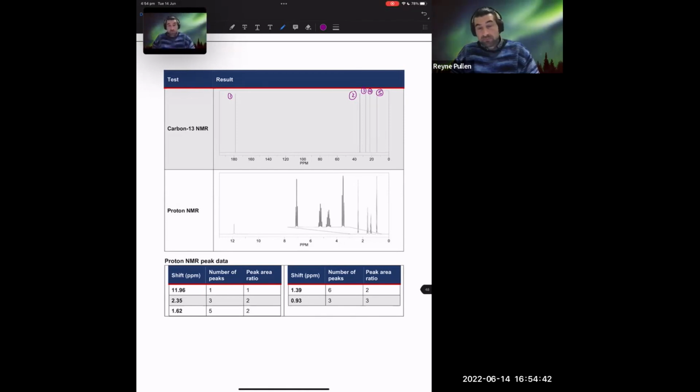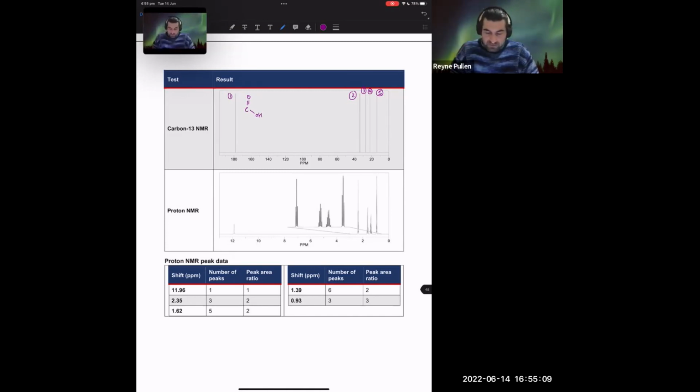If we recall, being downshifted so far means that carbon environment is right next to quite electronegative species. We've already established that there's a carboxylic acid present, so I'm going to bet that this is the carbon in the middle of that carboxylic acid.